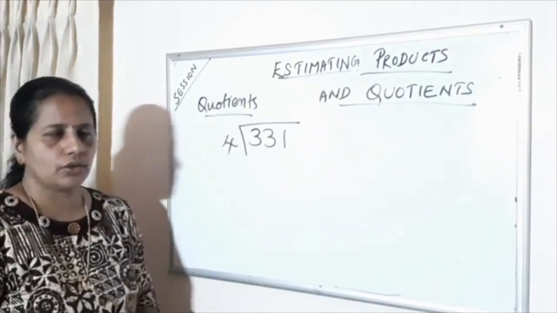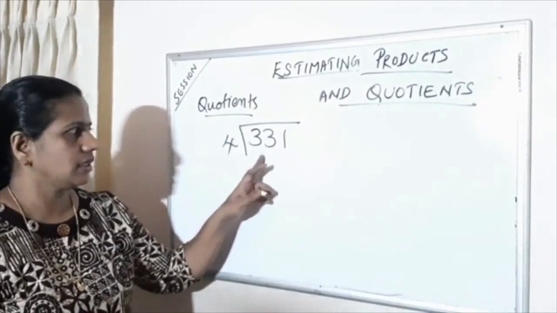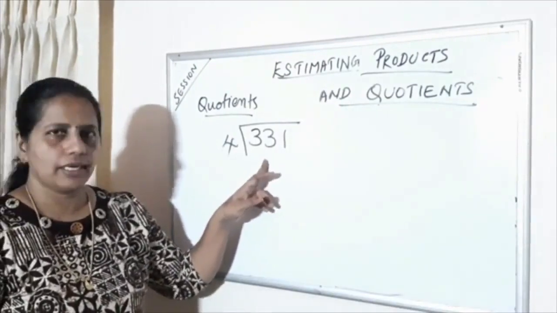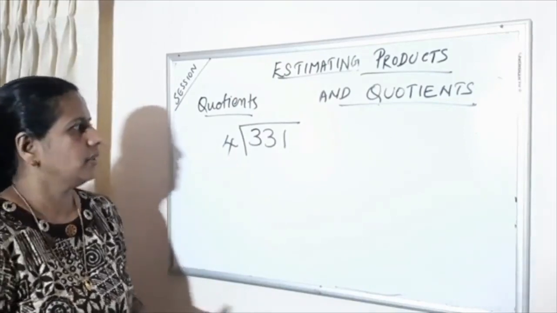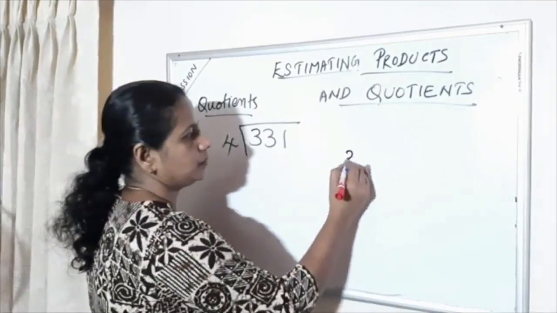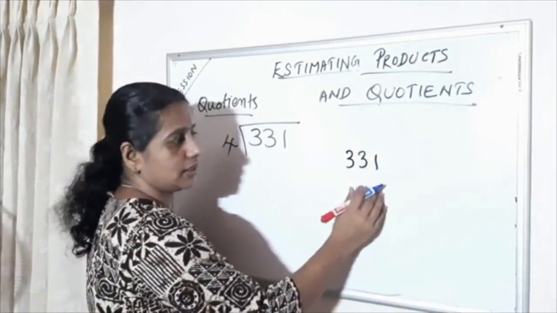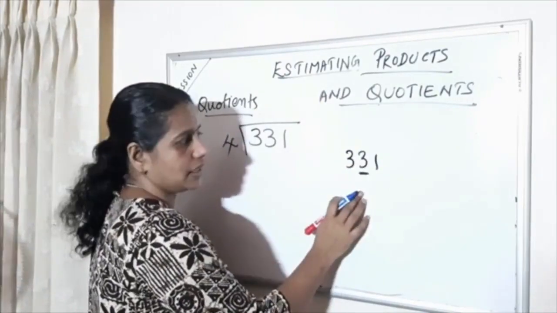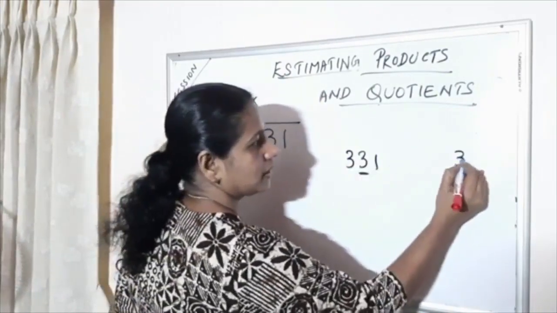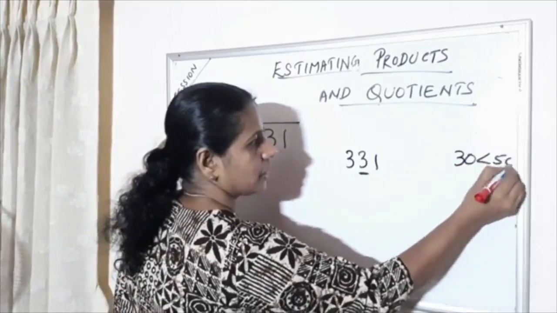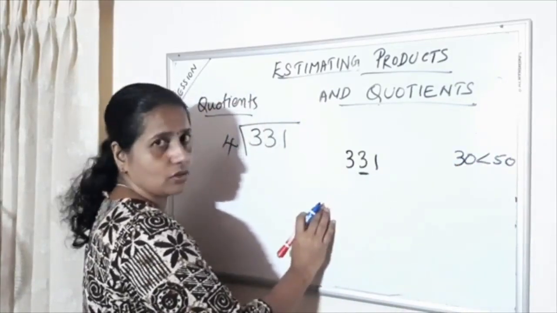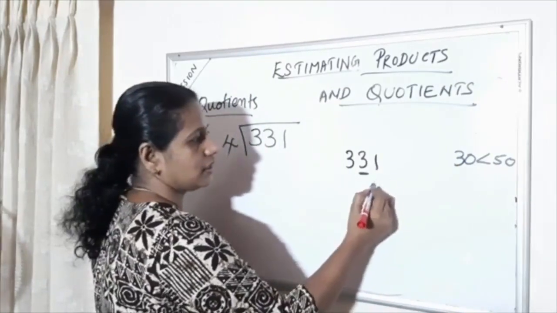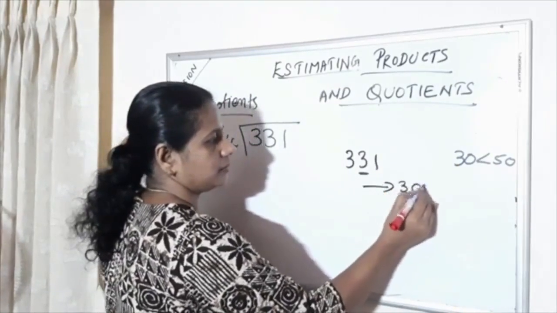Next, quotients. How to find quotients? First we have to estimate 331, since 8 is a single digit. 331 has 3 digits, so take the tens place, 30. 30 is less than 50, so round down to the nearest 100, that is 300.